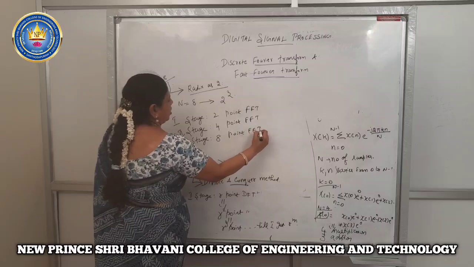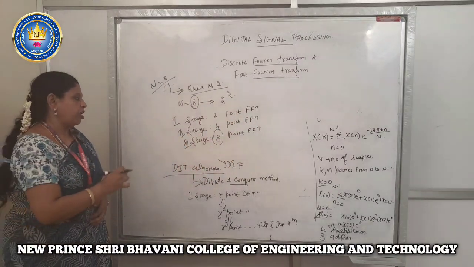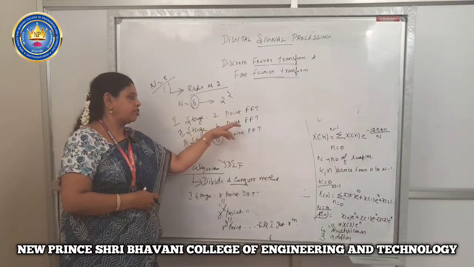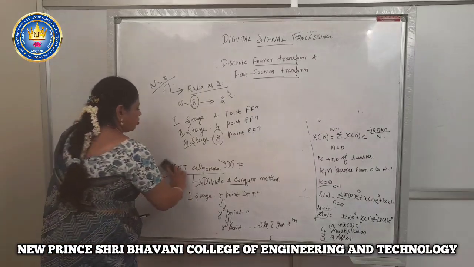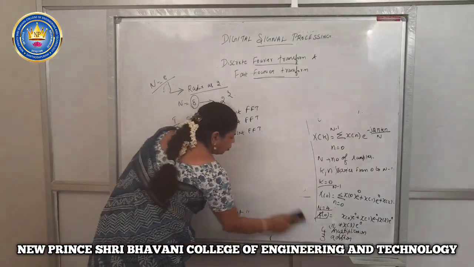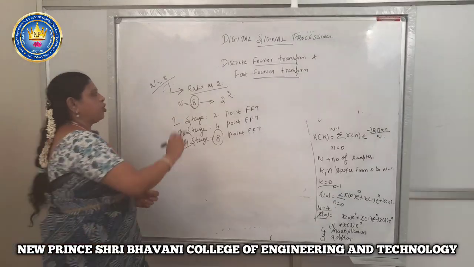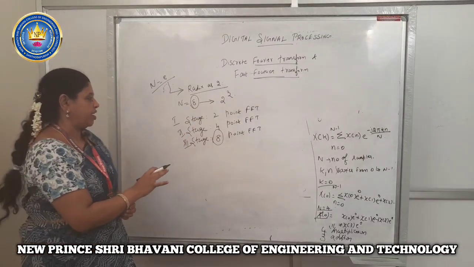I have to stop there because my number of samples and this are the same. So I will carry out the computation in 3 stages: first 2 point, next 4 point, then 8 point FFT. This is how I compute my DFT for the given sequence using the FFT algorithm. This is the DIT, decimation in time domain.